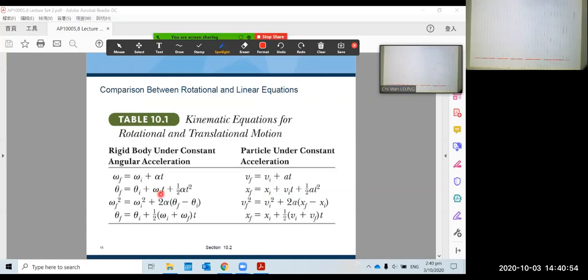In the case of a rotational motion, all the particles are rotating about a fixed axis with the same angular displacement, angular velocities, and angular acceleration. That is for the case of a rigid body rotation, rigid object rotation.